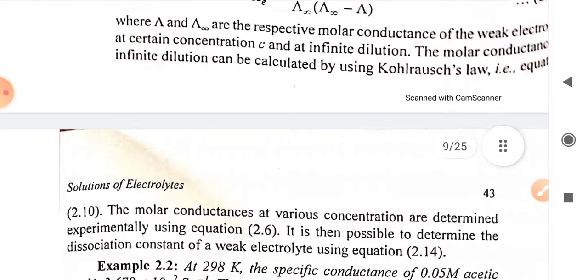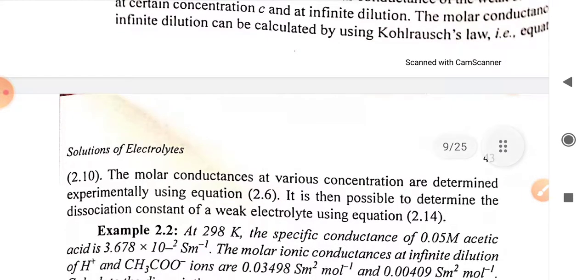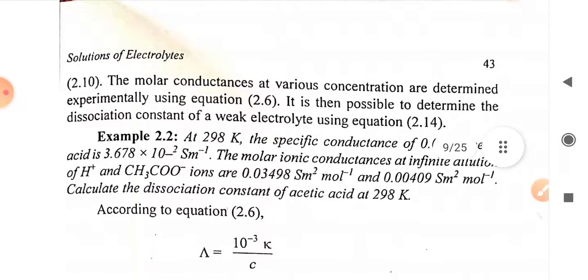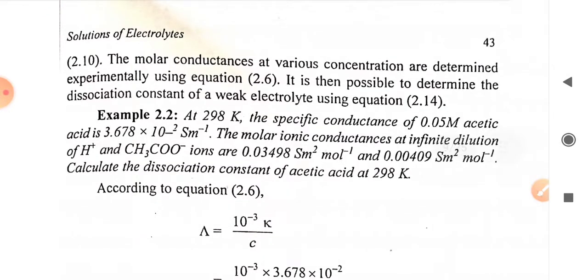Now this can be useful for calculating the equilibrium constant for the weak electrolyte. Upon measuring the conductance for the weak electrolyte and using Kohlrausch law, we can find out the equilibrium constant, and based upon the equilibrium constant, various thermodynamic parameters like Gibbs free energy, enthalpy and entropy change can all be obtained.